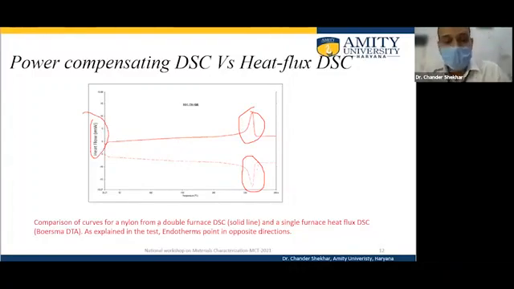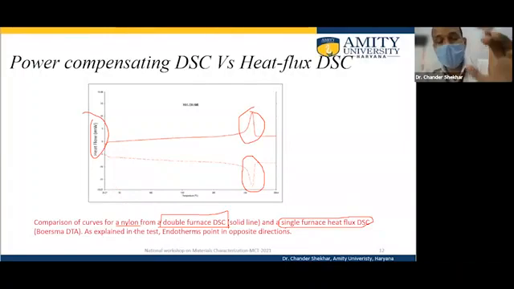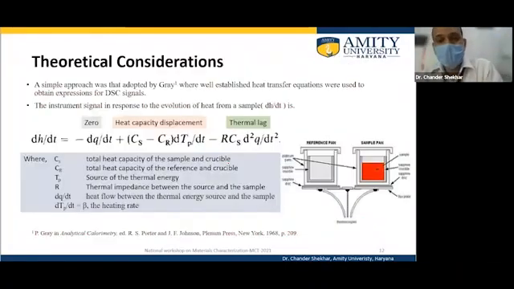It's the same event, depending on what kind of instrument is used. This curve is for nylon from the double furnace DSC. Double furnace DSC is power compensating DSC, and the single furnace DSC is heat flux DSC. So the different instruments give opposite peaks.